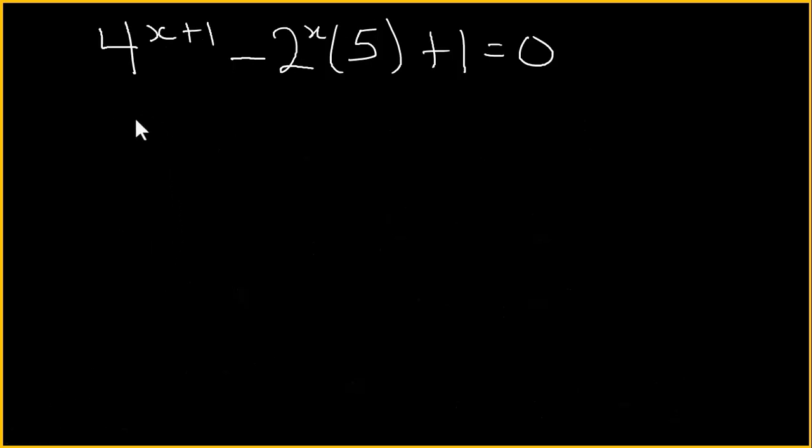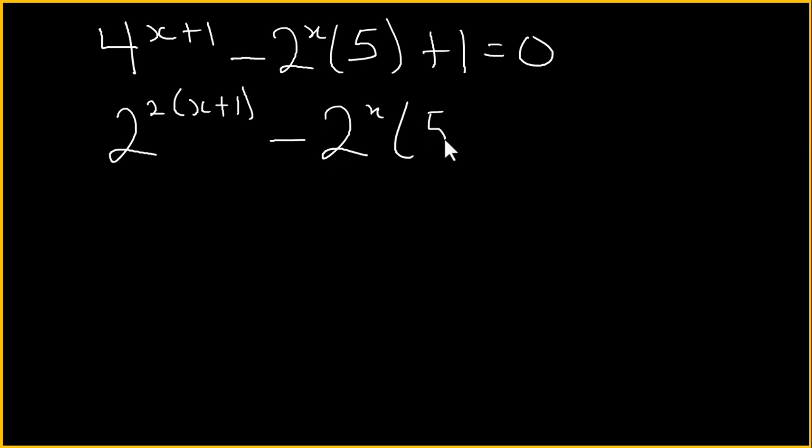Okay, so with this, 4 can be written in index form as 2 raised to the power 2 multiplying x plus 1, minus 2 raised to the power x by 5, plus 1 equals 0. So let's keep on simplifying.